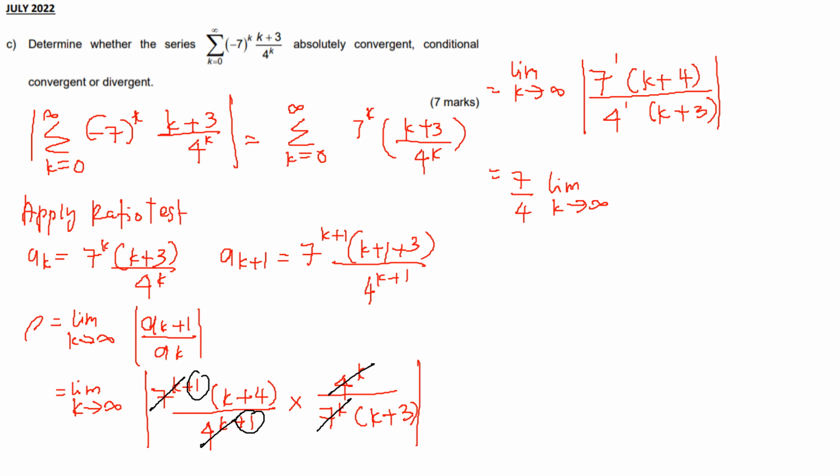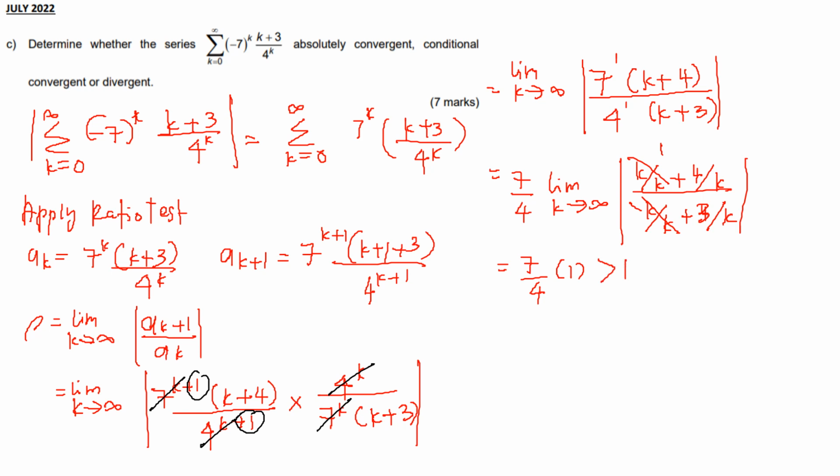So you will get this. Now you get 1, 1, and this one is 0. So we can conclude that it is 7 over 4 times 1, which is more than 1, and it diverges by the ratio test.